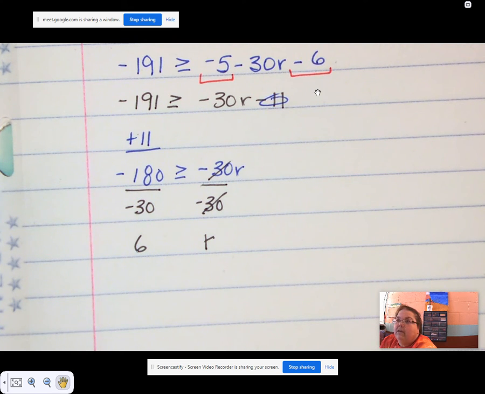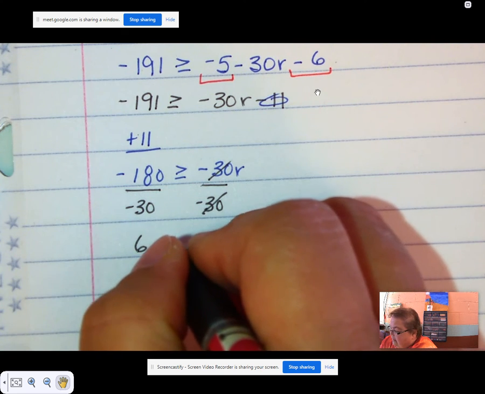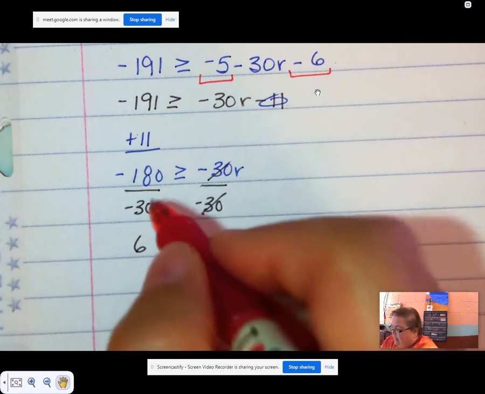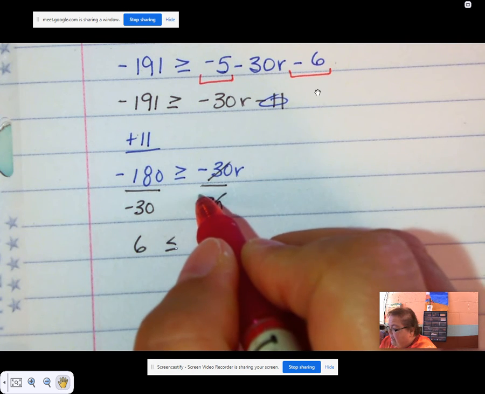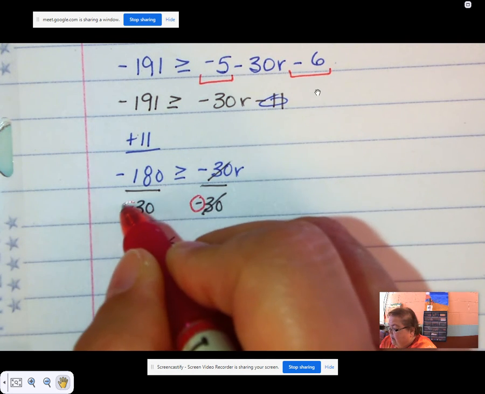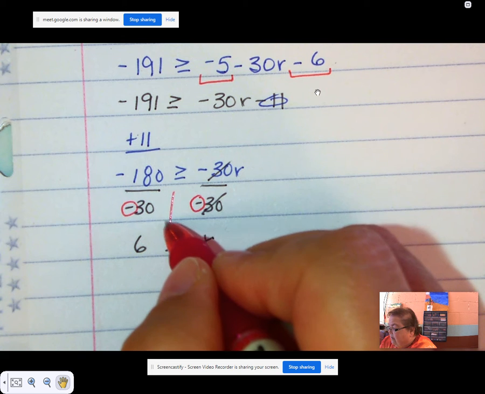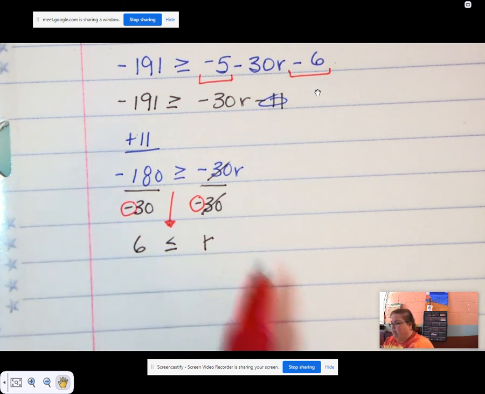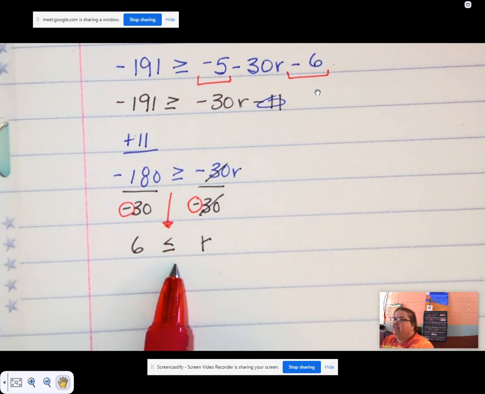What is my inequality? I divided by a negative number. I divided by negative 30. That flips the symbol. If I divide by a positive, it doesn't change anything. But when I divide by a negative number, it flips the symbol.